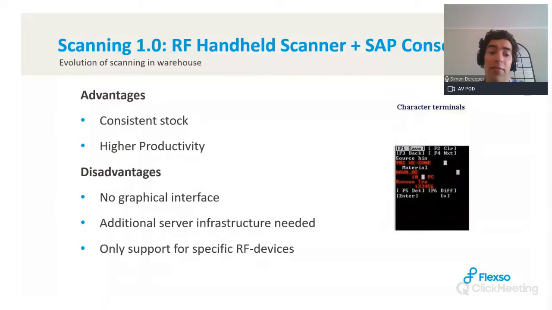Also, additional server infrastructure is needed because you are using Telnet, so that's also quite expensive. And the RF devices are quite expensive because at this moment in time, it's very hard to find devices that support SAP Console and the Telnet technology.